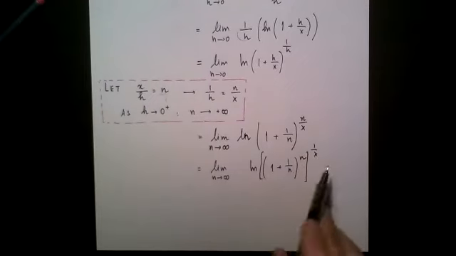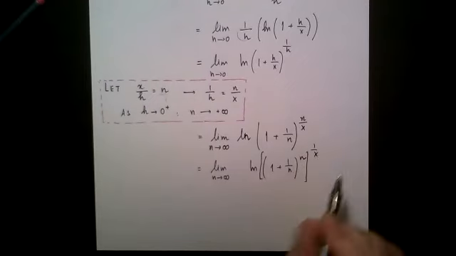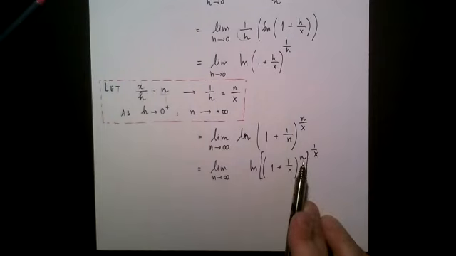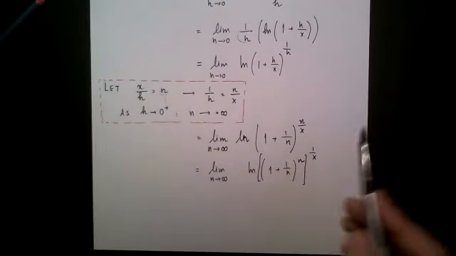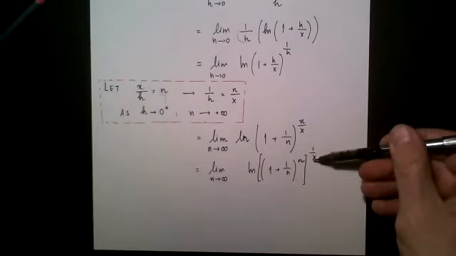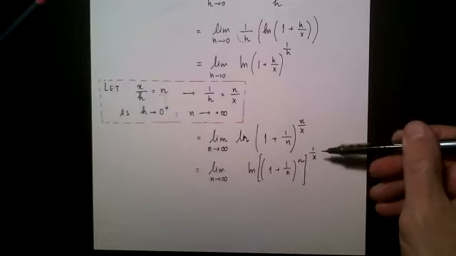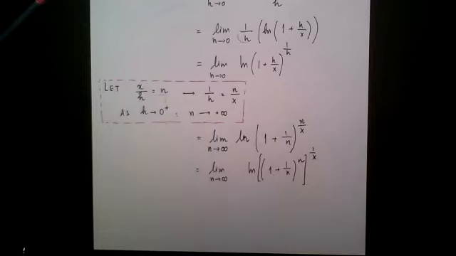Same thing, because 1 over x times n is n over x. So I did not change anything from here to here. I just wrote it this way because I want you to recognize something.